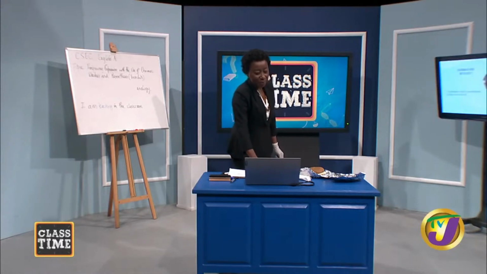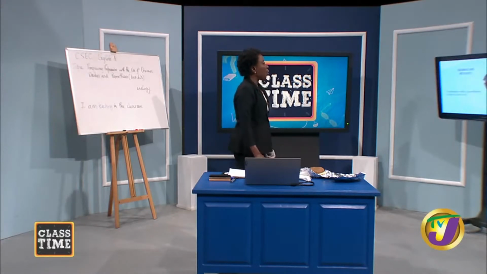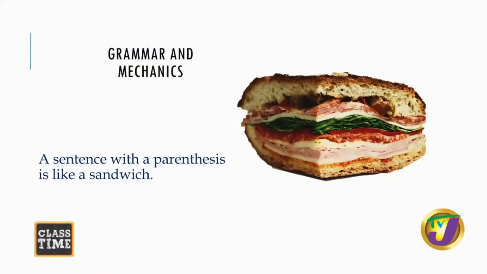Okay then. A sentence with a parenthesis is like a sandwich. Notice that on the outside you have the staple, and on the inside you can add anything that would enhance or make the thought more interesting.